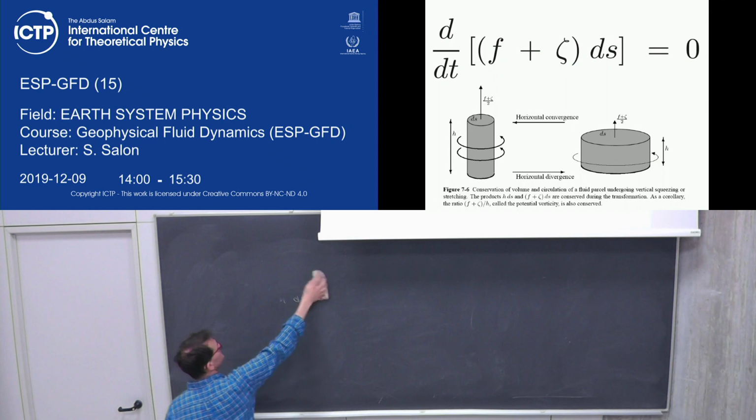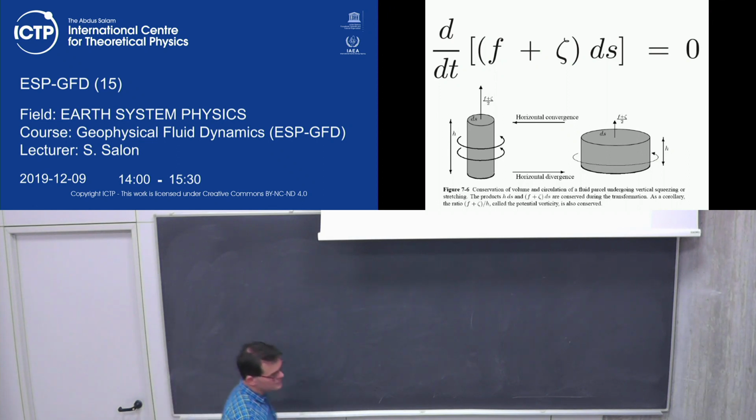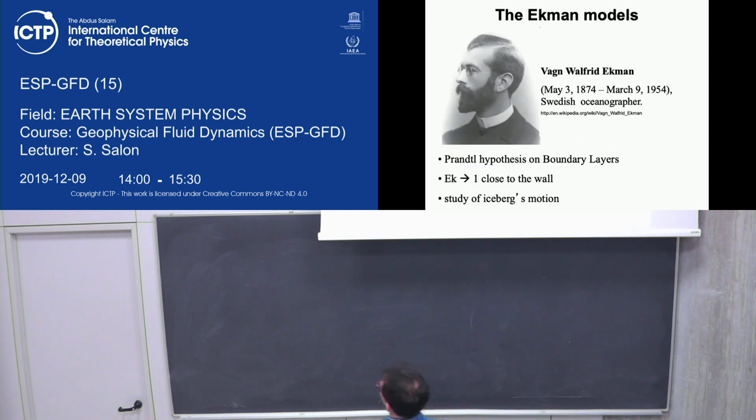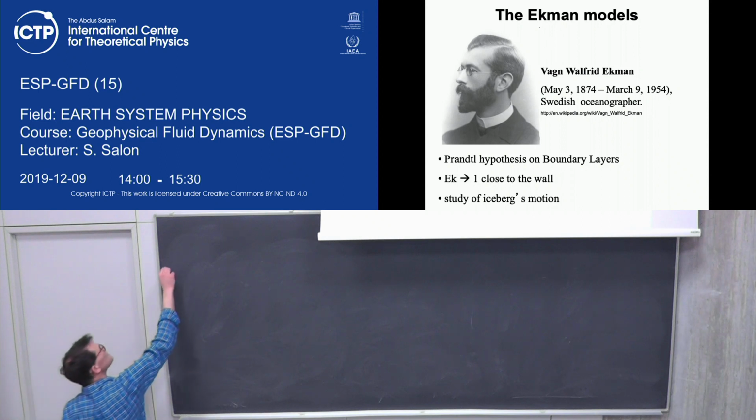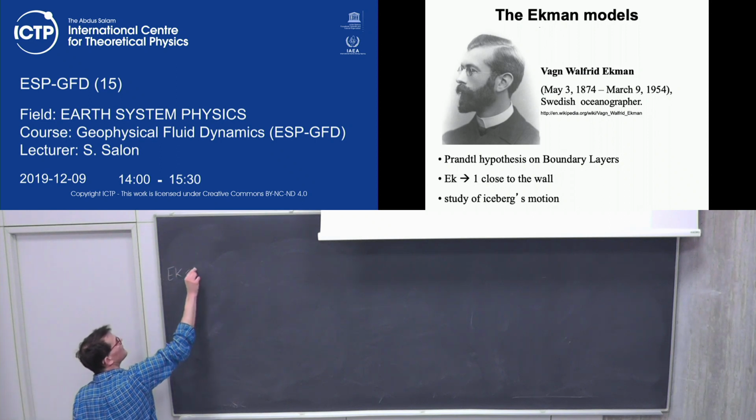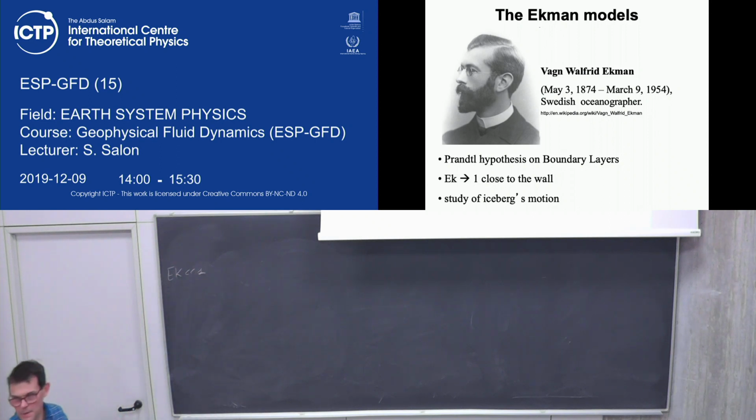Okay, so now it's time to start considering the boundary layer. Up to now we always considered Ekman number much smaller than 1. You remember?